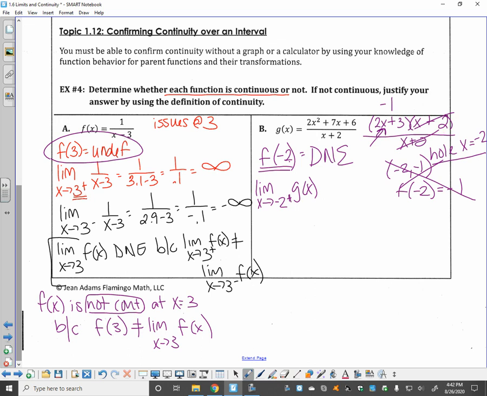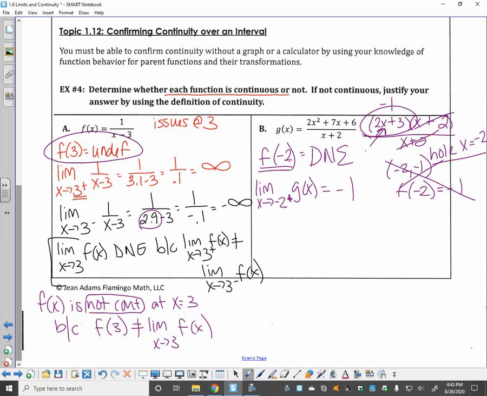If I'm headed to -2 from the right, if it's an asymptote, that's when you need to creep in from either side. But guys, this is just a flat out hole. So I know that these two limits are going to equal each other. Like I know the overall limit's going to be fine. So to find where the hole is at -2, this is when you take what's left and plug in a -2. That limit is going to be a -1.